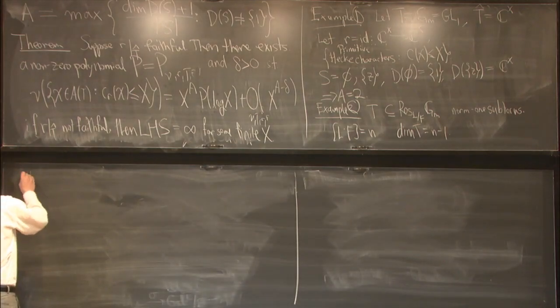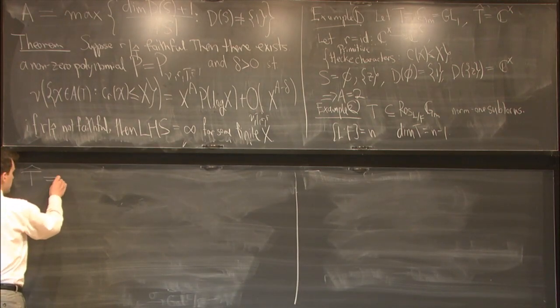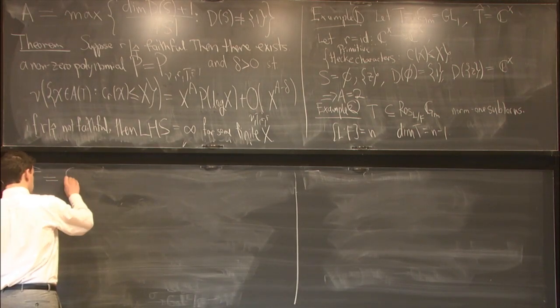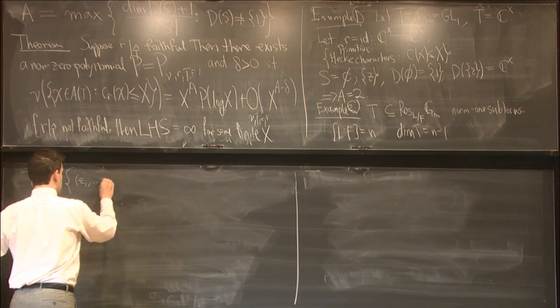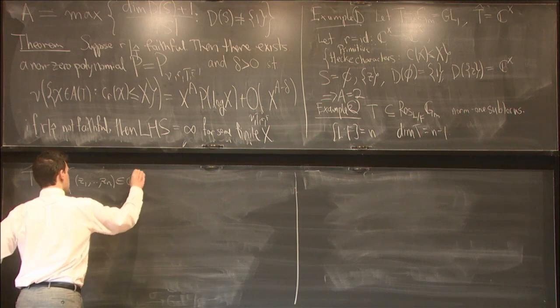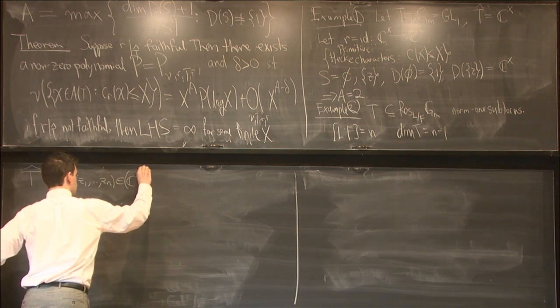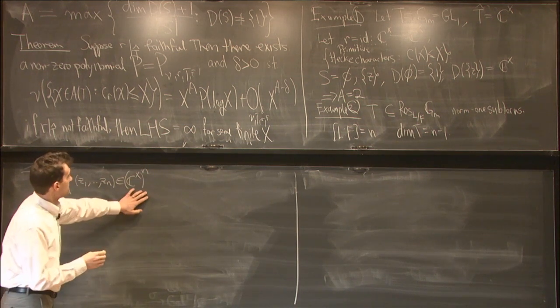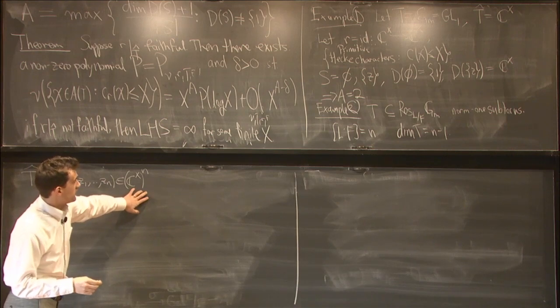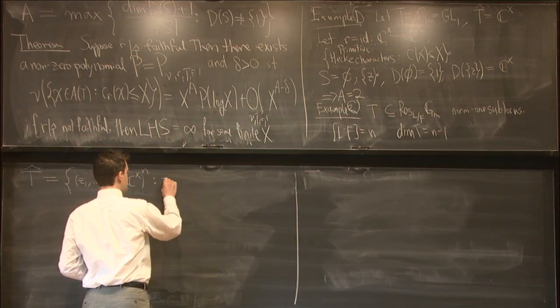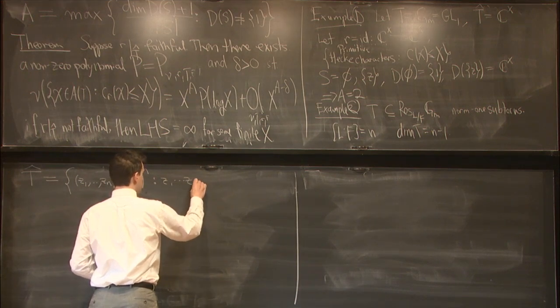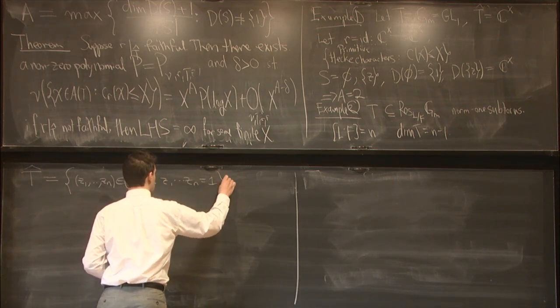OK, so in this case, T hat, I can consider it to be the following concrete thing. It's n tuples in C cross to the n. So this is the dual group of res L over F G_m, but such that the product Z1 up to Zn is equal to 1.